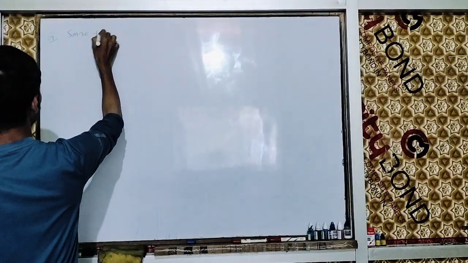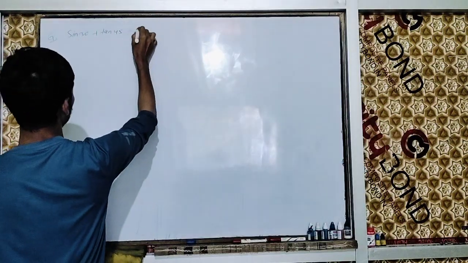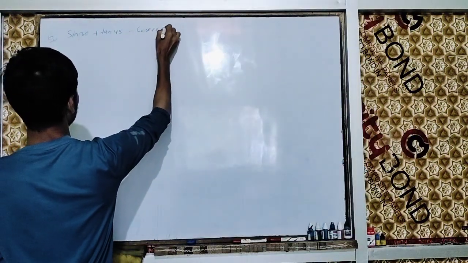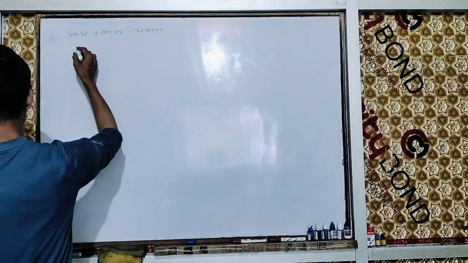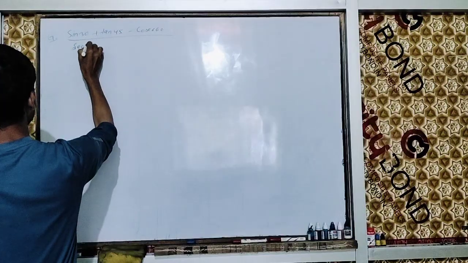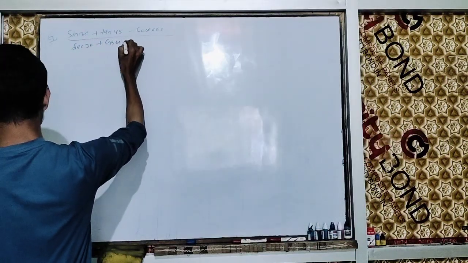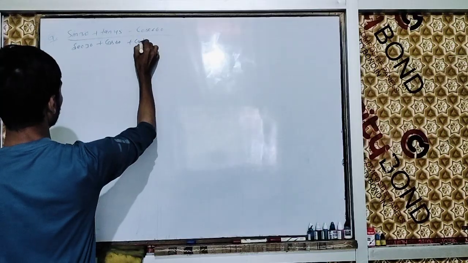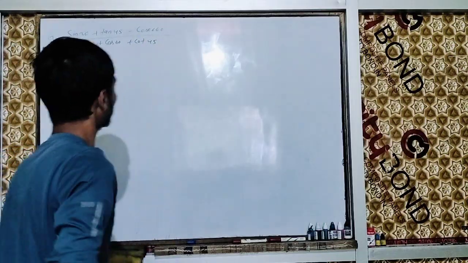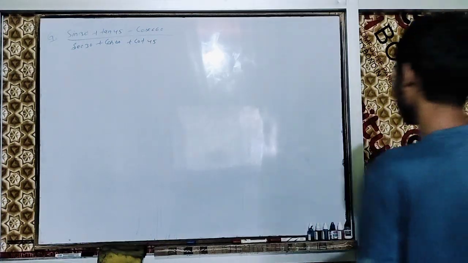sin 30 plus tan 45 minus cosec 60 upon sec 30 plus cos 60 plus cot 45. Let's calculate this, and the answer should be how much?